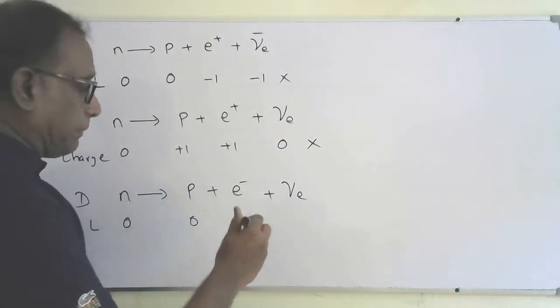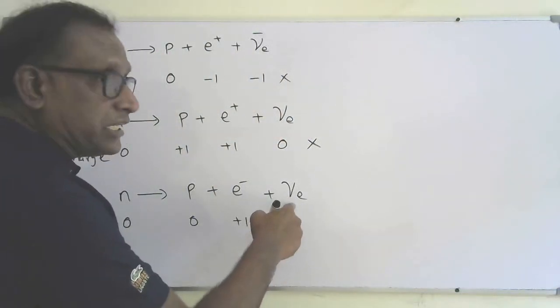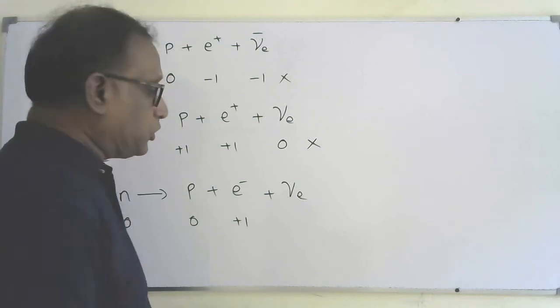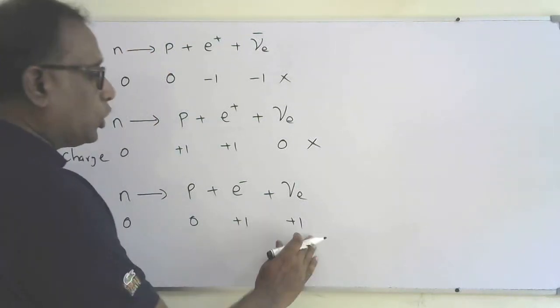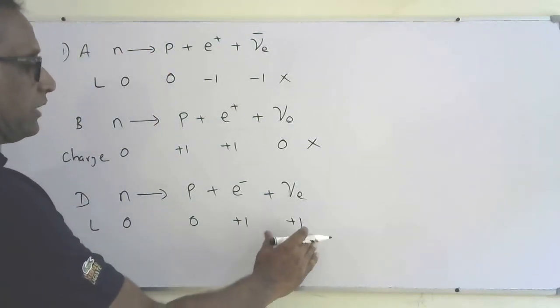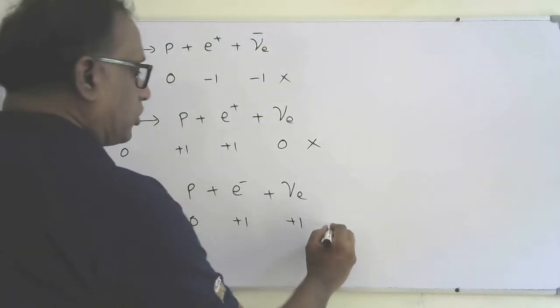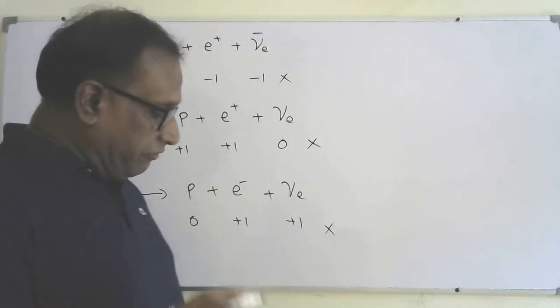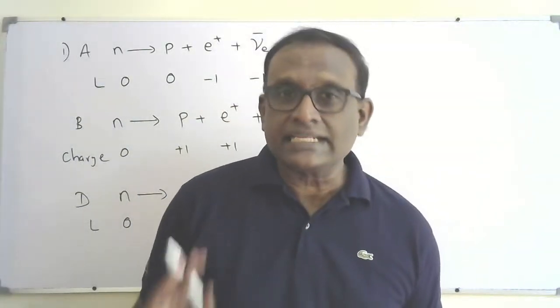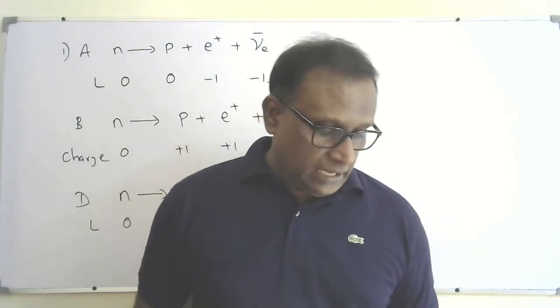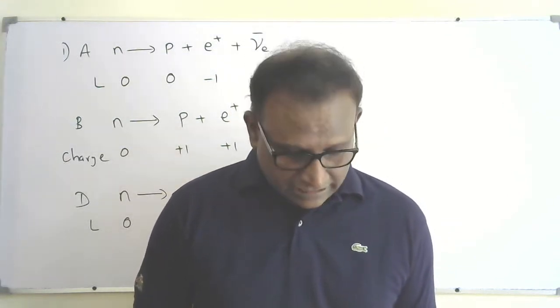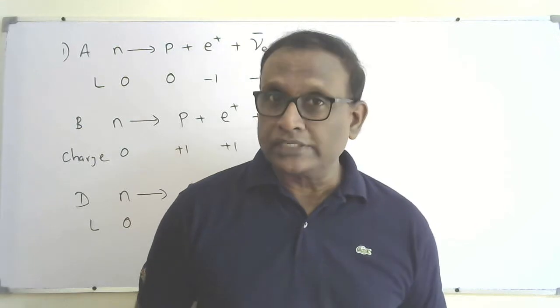Electron is a lepton, so +1. Electron neutrino is also a lepton, +1. So the total lepton number after decay is +2, before decay 0, not conserved. So the only valid reaction is answer C, where all the quantities are conserved. So the correct answer for question 1 is C.